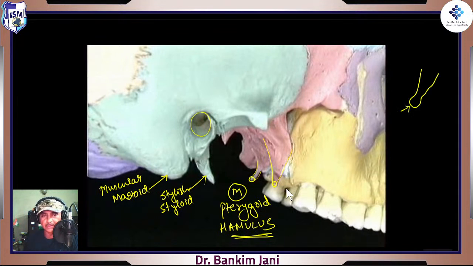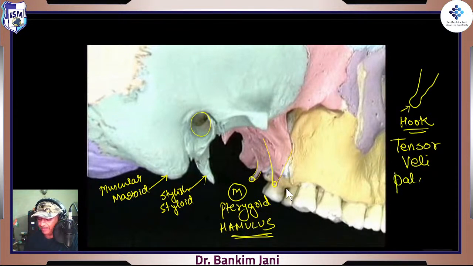So this is for what? Yes, it is actually like a hook, right? Like a sling for one very specific tendon. So this is tensor veli palatini. And it is fine if you forget this name because it will come when we'll be discussing the pharynx, right? Some football player's name it looks like, right?